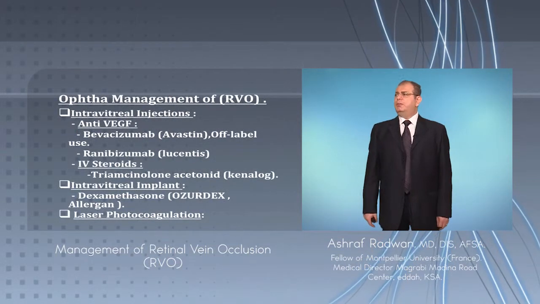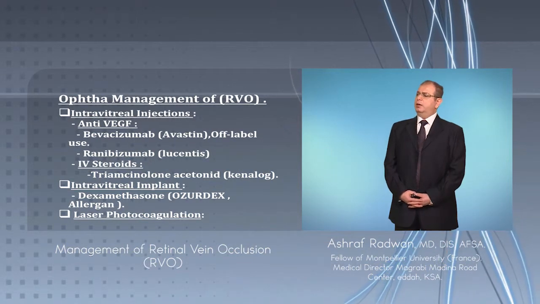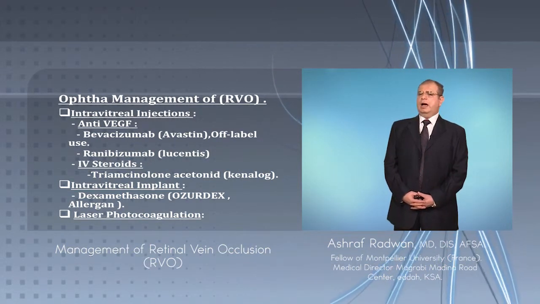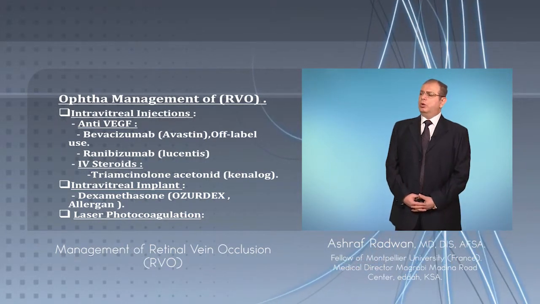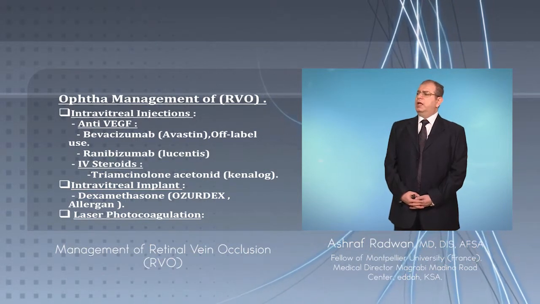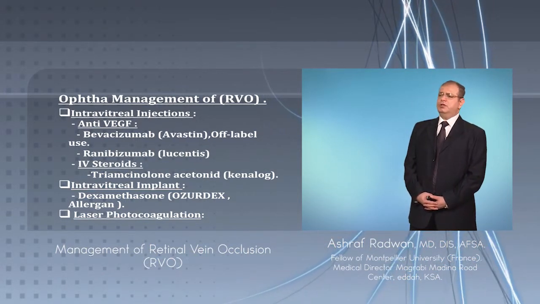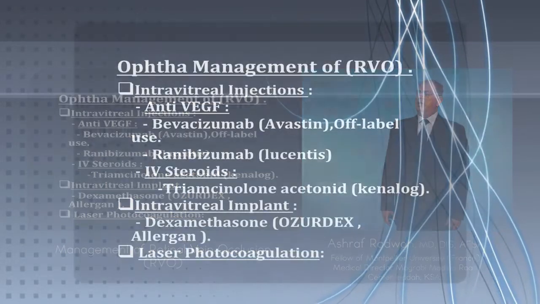For ophthalmological management in retinal vein occlusion, we have three ways of intervention: intravitreal injections, intravitreal implants, or laser photocoagulation. In fact, for intravitreal injections we have the intravitreal anti-VEGF.